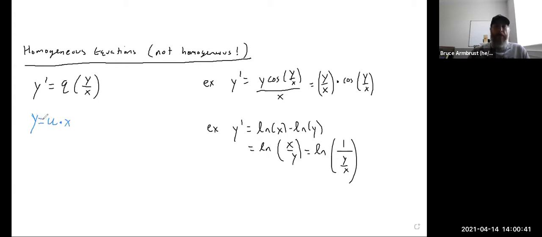Because watch what happens. If we do this, y prime is going to be u prime times x plus u. This is the product rule. The derivative of the first times the second plus the first one times the derivative of the second. The derivative of x is equal to 1.